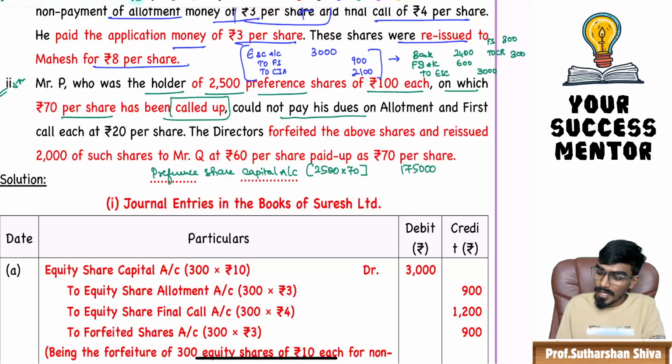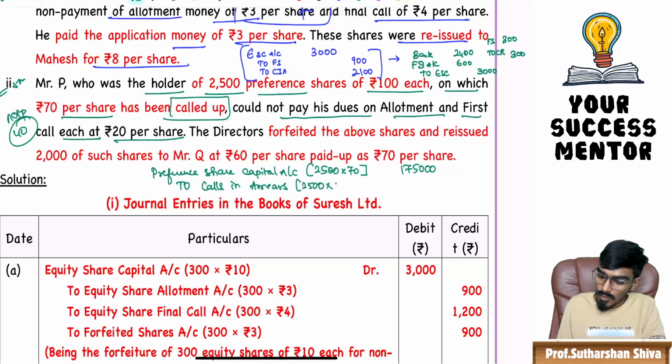And he could not pay his dues on allotment and first call each at 20. So 20 plus 20 is 40. 40 is not paid. Not paid becomes my calls in arrears. How much? 2500 into 40, which is going to give me 1 lakh.